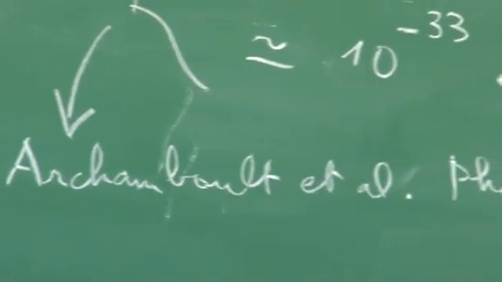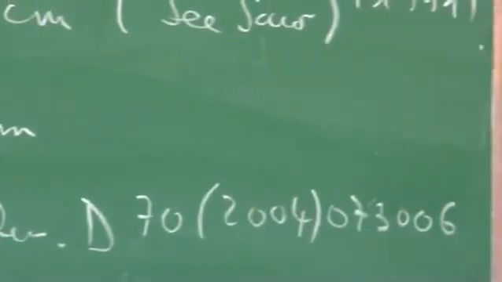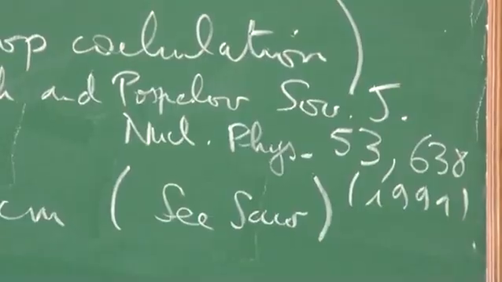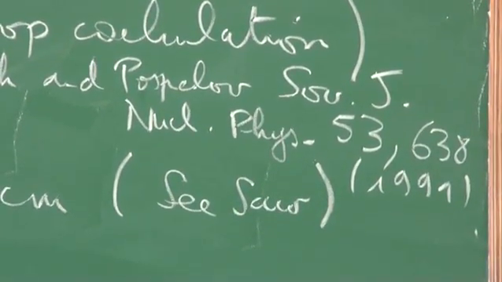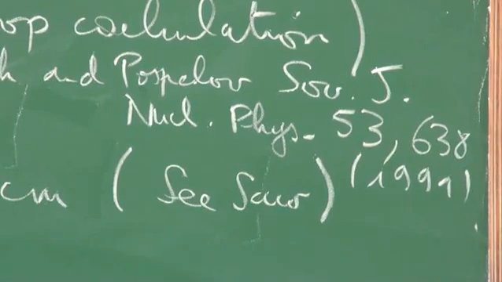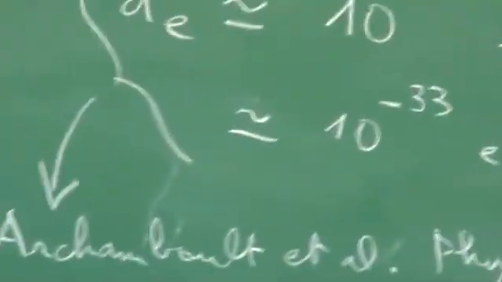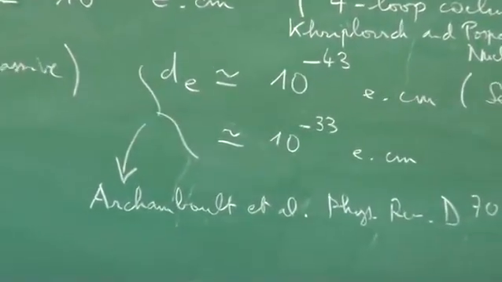Now, what is the experimental situation for the electron? I will not mention the other charged leptons yet. There is a very recent paper in Science that says that d_e is less than 8.7 times 10 to the minus 29.